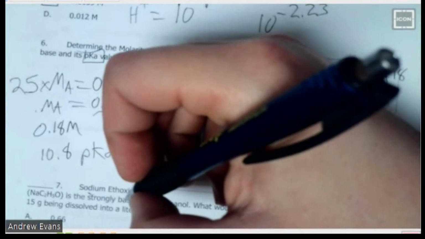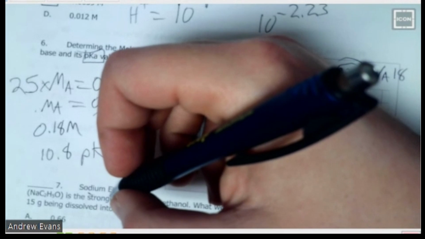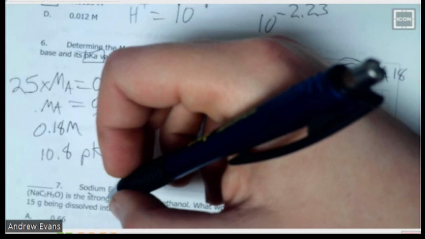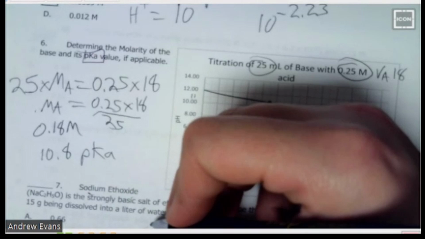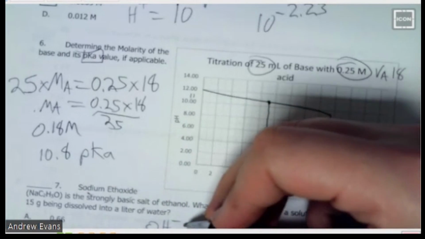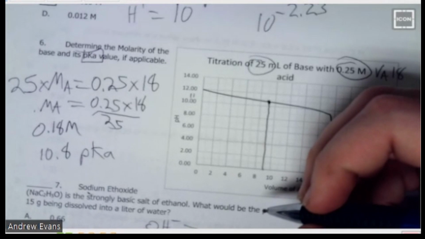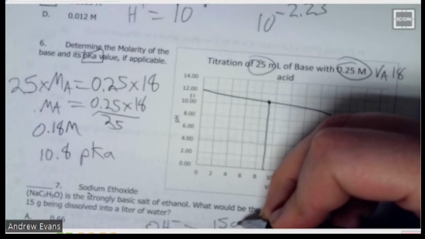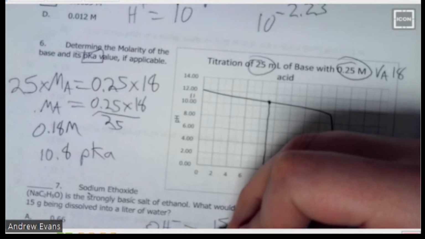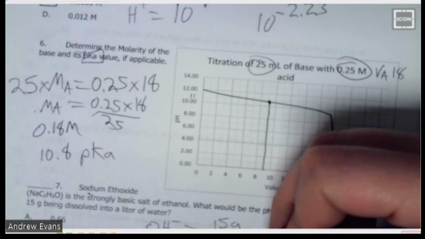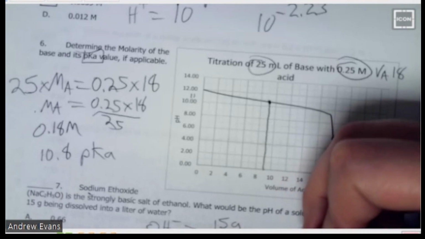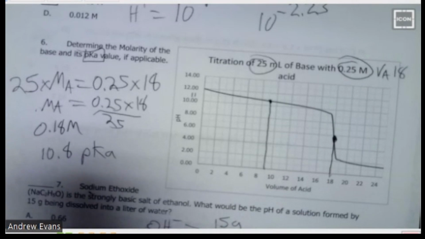Sodium ethoxide is a strongly basic salt of ethanol. What would be the pH of solution when you dissolve 15 grams into a liter of water? So the OH minus concentration is going to be equal to the molarity of this. So we have to take 15 grams divided by sodium, 2 carbons, so 24, 5 hydrogens, and 1 oxygen. What's the molar mass? 24, 5, 16.